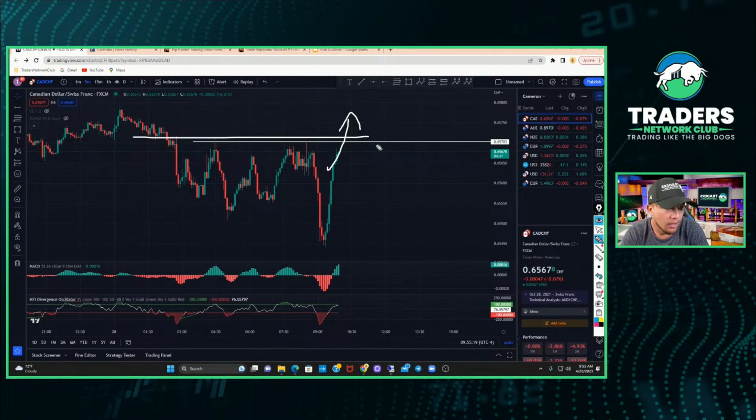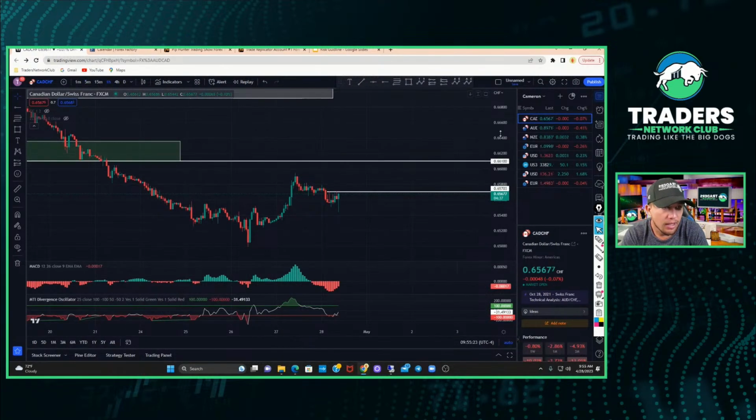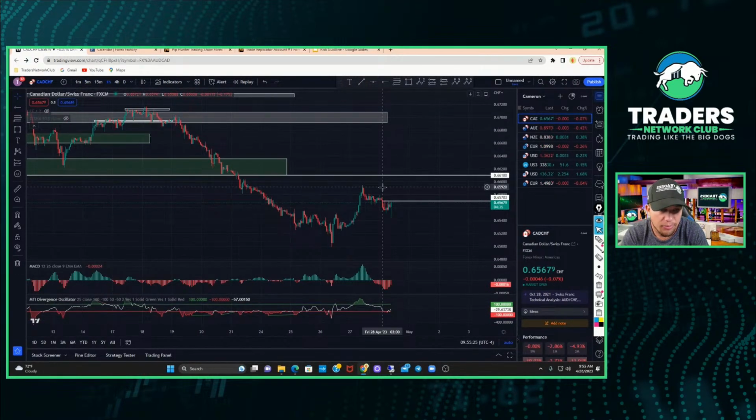And you can see here on the CAD Swiss, if we take a look at the 1 hour and how this is moving, I am pretty bullish on this as well. So I'm going to go ahead and buy the CAD Swiss, because I'm looking at the long term here. Maybe it doesn't close out today, as it's stuck in this low range bound.